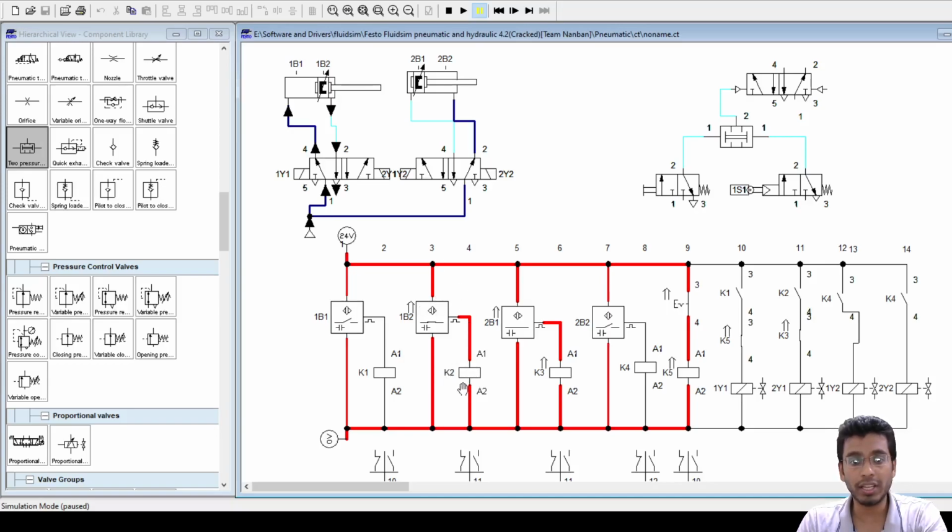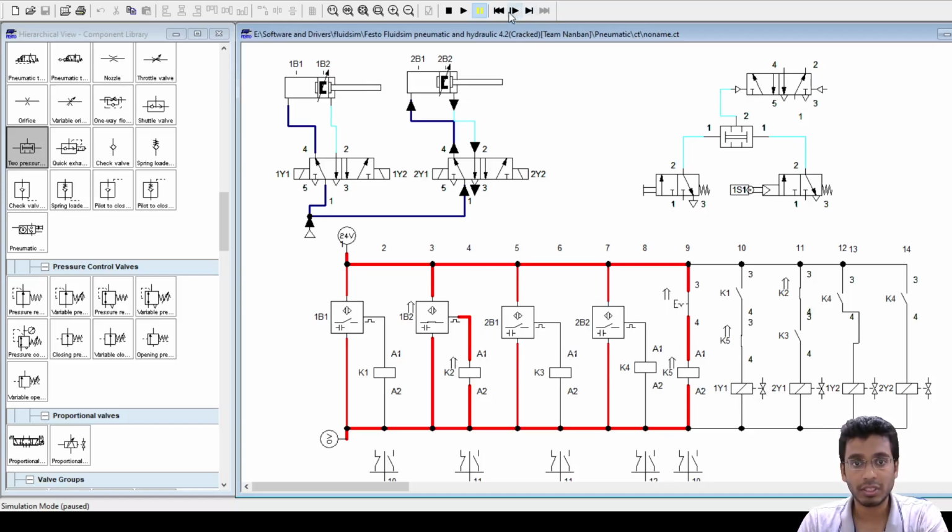Now your K2 relay is energized, and hence the open contact of K2 here will result in energizing your 2Y1 solenoid valve. So your 2Y1 gets energized, and hence your second cylinder starts to extend. The moment cylinder 2 has completely extended, your 2B2 sensor will get actuated, and hence your K4 relay is actuated.